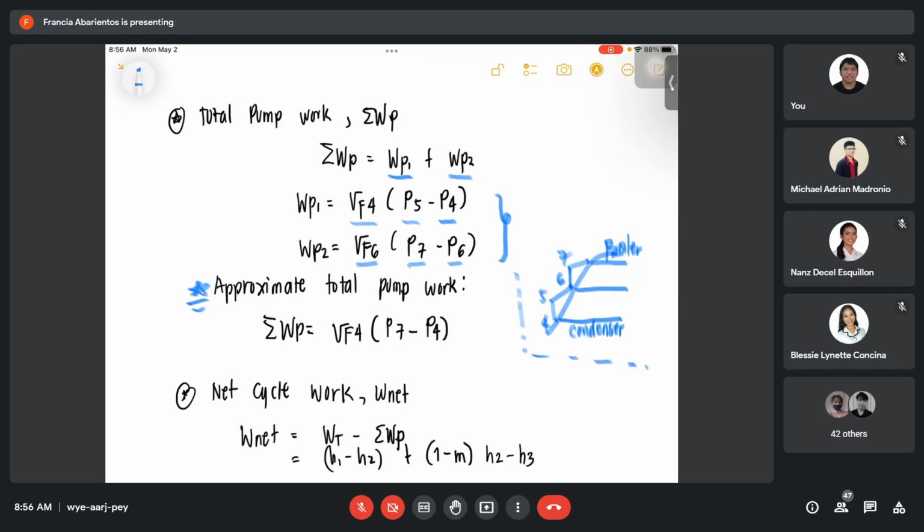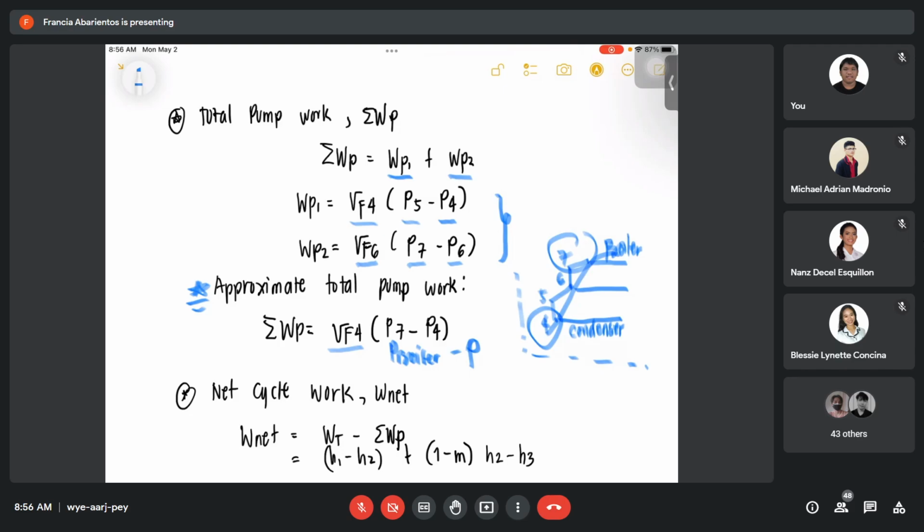So the approximation now of the total pump work. Hindi na tayo magdadalawa-dalawa pang i-compute. So gagamitin na natin is from condenser to the boiler. Okay? So ito na yung hinahanap natin. We have now the specific volume at the saturated liquid multiplied by the pressure at the boiler, boiler to class, minus the pressure sa pump natin or the first pump.